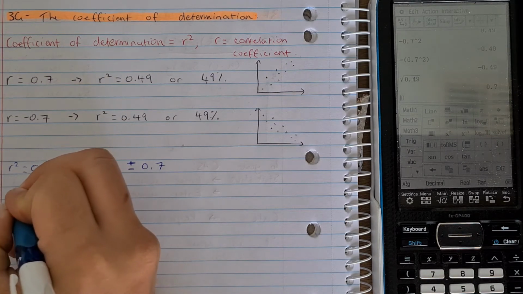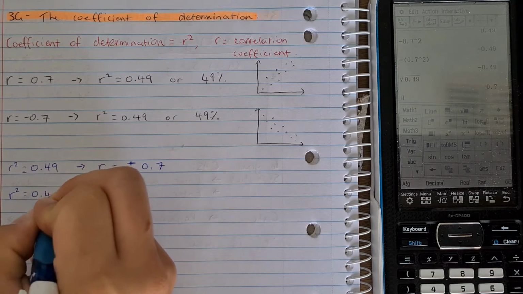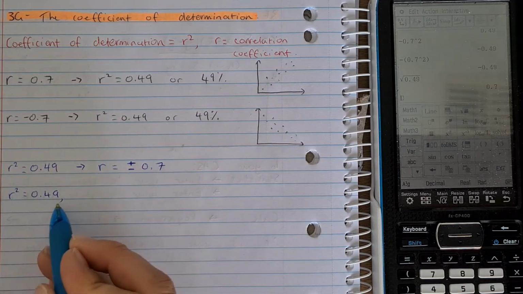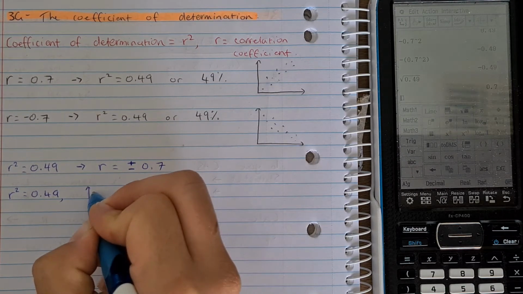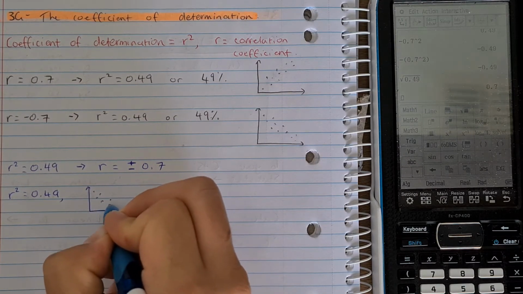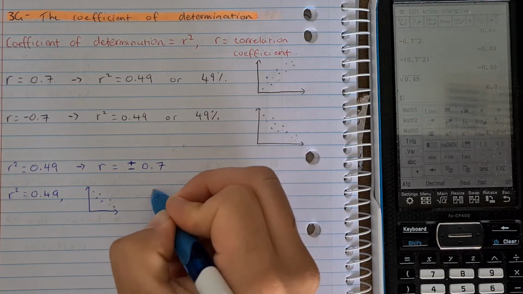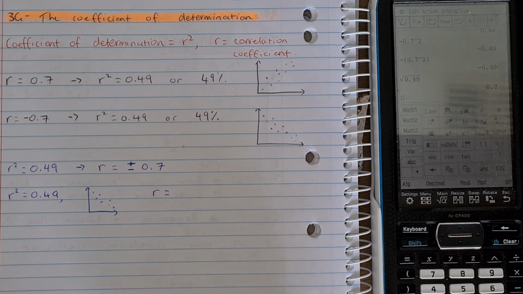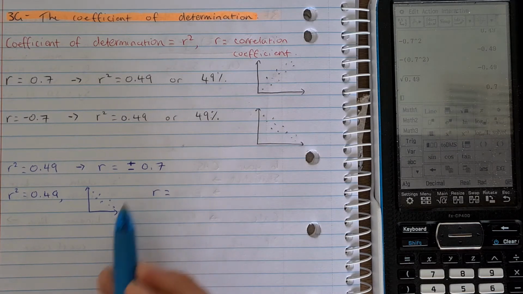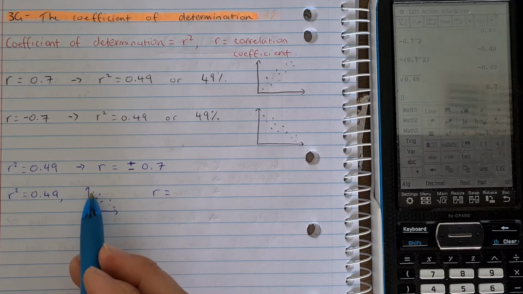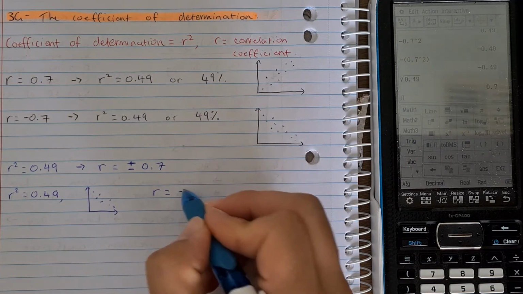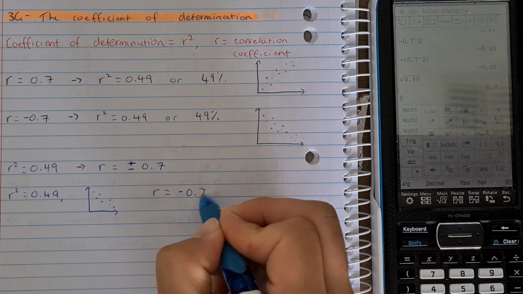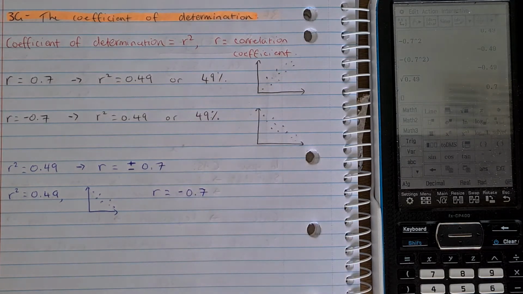However, if you're given the coefficient of determination and they also give you a scatter plot, and they ask you to find out r, well, you know it's got to be positive or negative 0.7. Using your graph, you can figure out whether the trend is positive or negative. In this case, the trend is clearly negative, so you would know that the correlation coefficient must be a negative number, therefore negative 0.7.